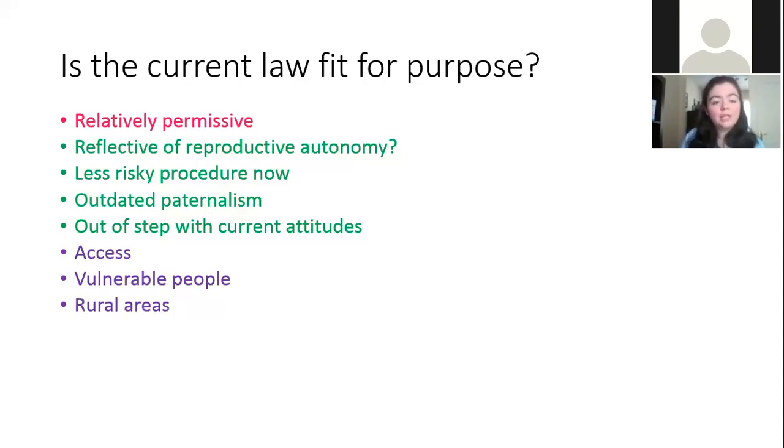Similarly, in rural areas, if there's a big backlog and a delay, or not enough non-objecting doctors in your area to sign off, there might be issues with access and you might need to travel somewhere else. The delay, go back to the delay. Again, NHS policy is supposed to be no more than 3 weeks between initial consultation and actually getting the procedure.